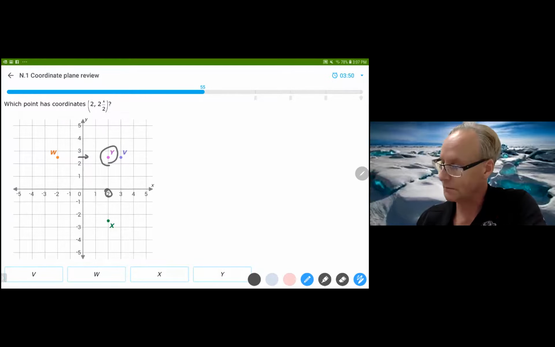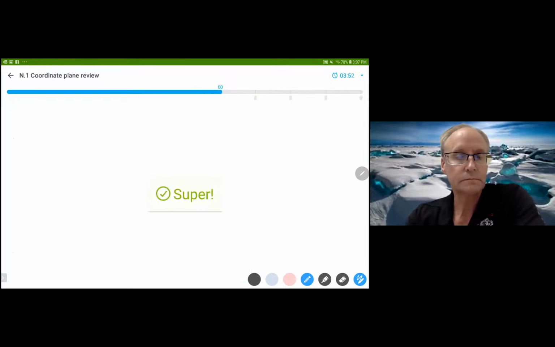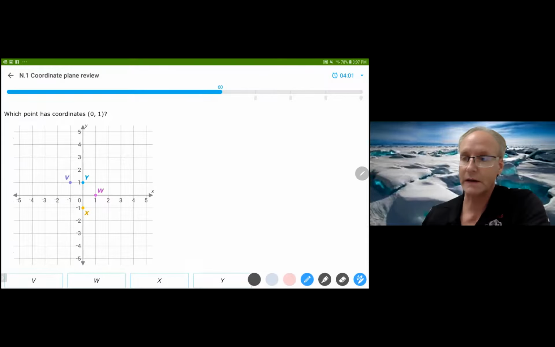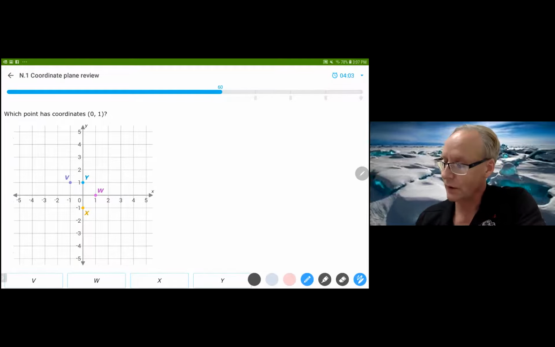Hopefully you can see that. Where are the coordinates 0, 1? This is a really easy one to make a mistake on. X is 0 and y is 1. Well, the x is 0 and the y is 1, isn't it? And that's at point y.